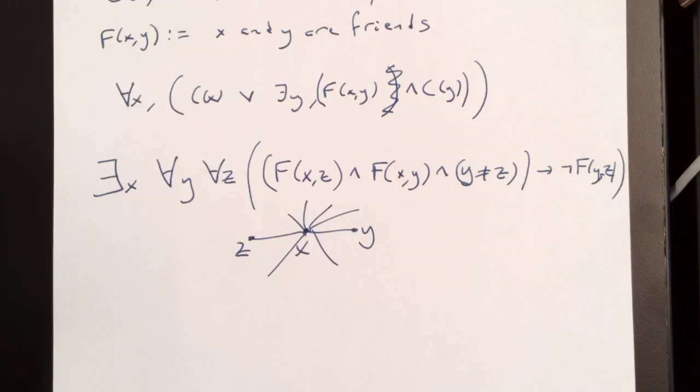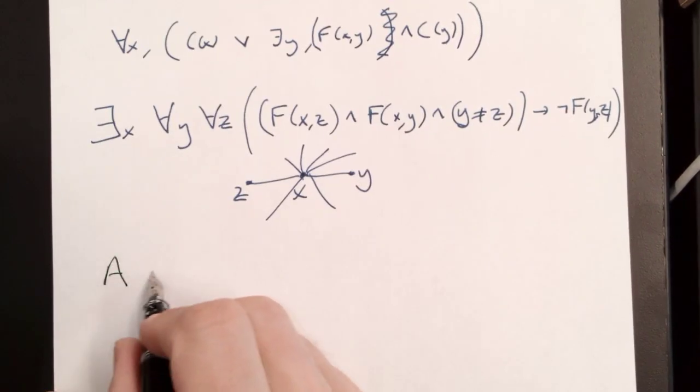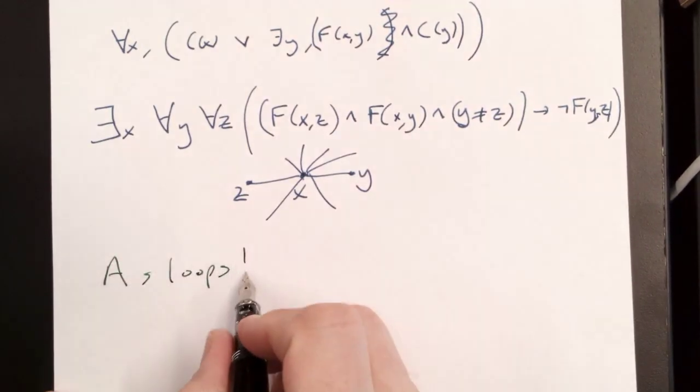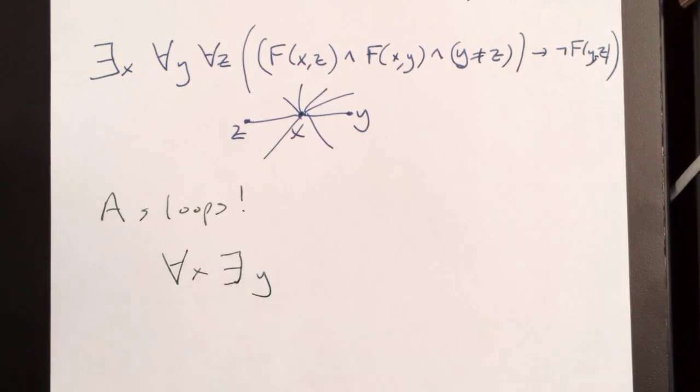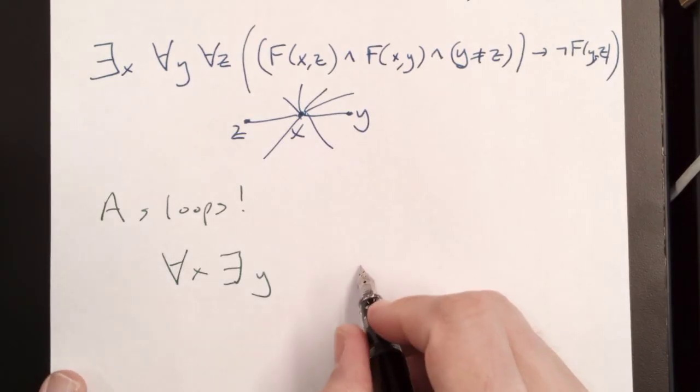I can think of this as a looping procedure. In CS terms, I can write these as loops. For all x, there exists a y. So I'm going to go through each of the x's, right? I've got a list of x's.